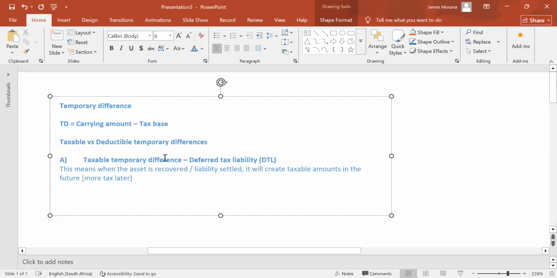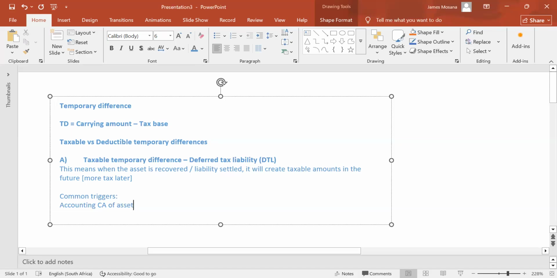Now, how this is triggered when you are doing your deferred tax in terms of the statement of financial position approach. This triggers the following: the accounting carrying amount of an asset is greater than the tax base.